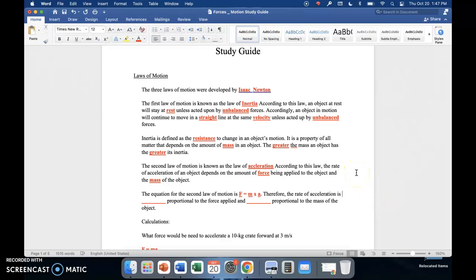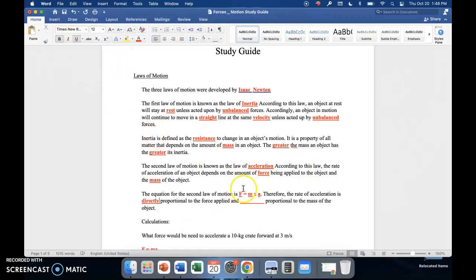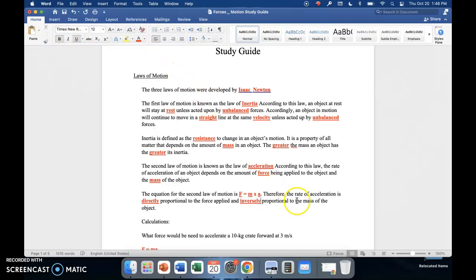Therefore, the rate of acceleration is always directly proportional to the force applied, and it is inversely proportional to the mass of the object. So, the rate of acceleration is directly proportional to the force. If you push harder, it'll go faster. But it is inversely proportional to mass. Bigger things are harder to accelerate. Larger objects with the same force are not going to accelerate as fast.